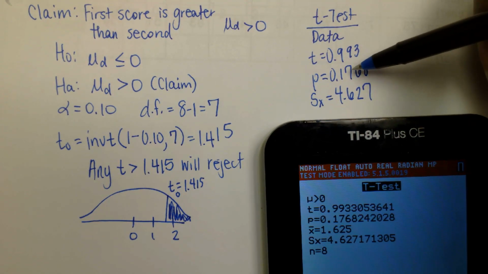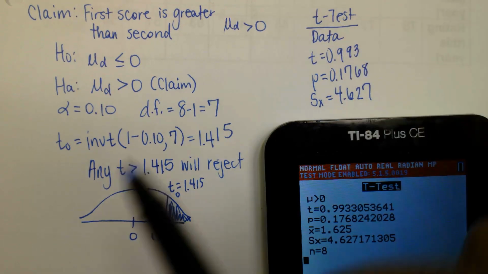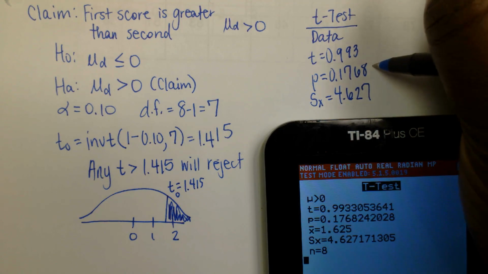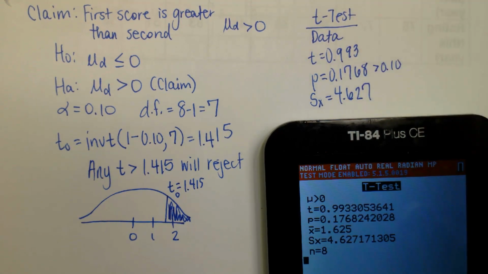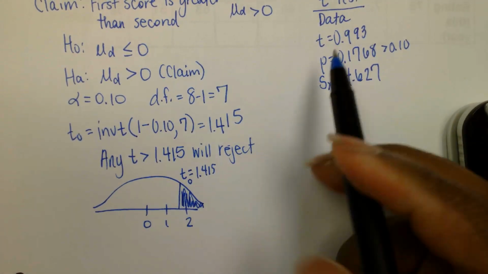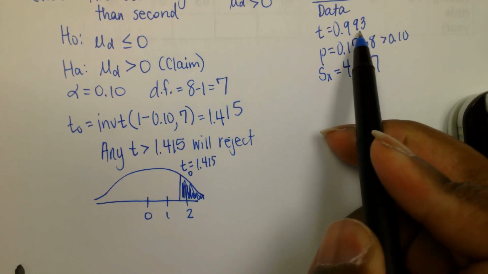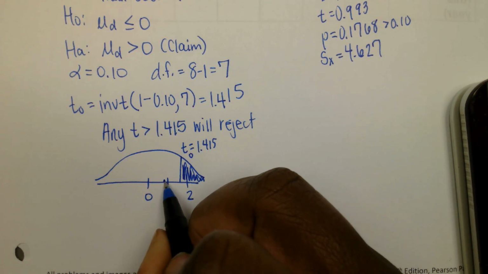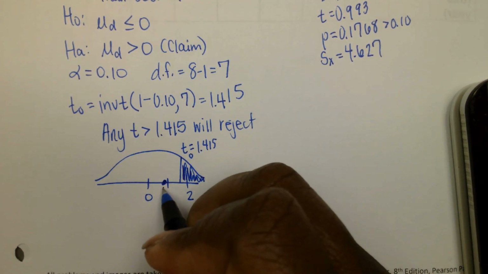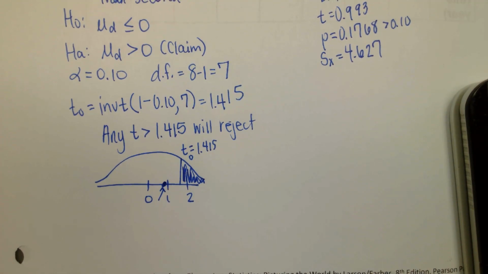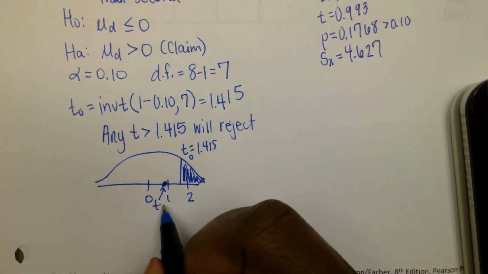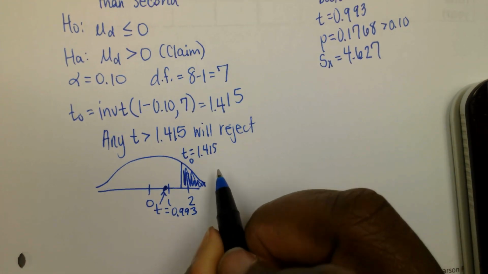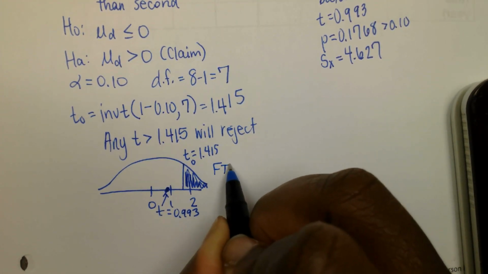So our p is high, that's over 0.10. And then our t is not greater than 1.415. It's like right here. So we failed to reject H0.